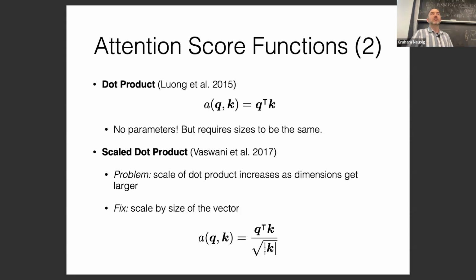The reason we do this is that if you have a network of size 256, or 512, or 1024, and you don't do this scaling, the dot product will have a different overall scale between larger and smaller networks.